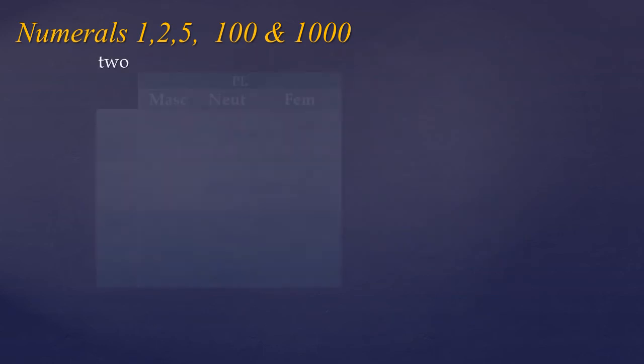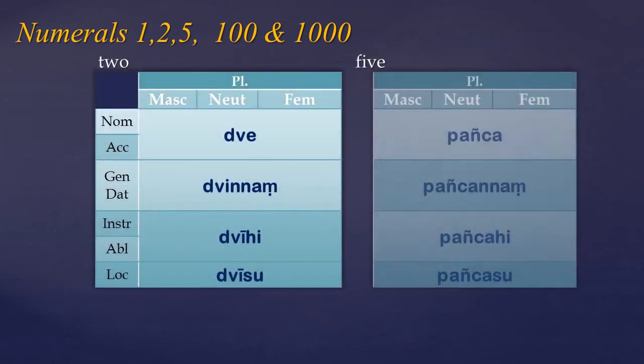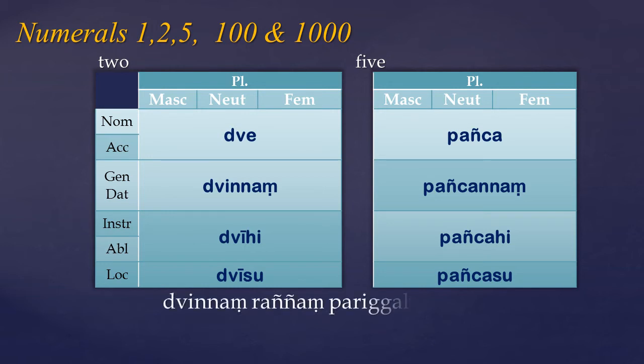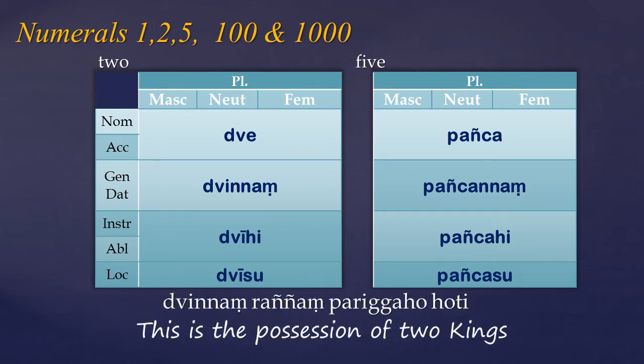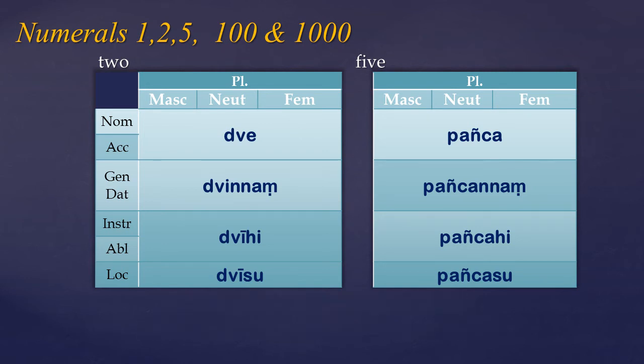Now the numbers 2 and 5 are a little different. I think they only have plural forms and are essentially genderless, so they agree with their noun in case only. And in compound words, the number 2 often takes alternative forms, dvi, di, do, as well as dve.